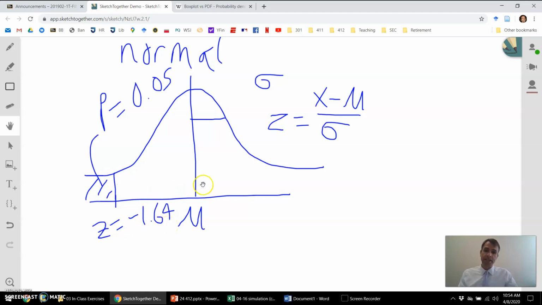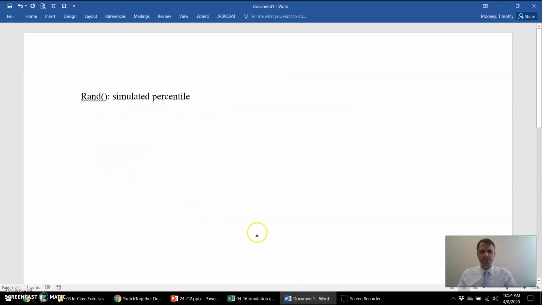In other words, 95% of the time, if I keep drawing random observations from a normally distributed variable, I'll get values that are greater than or equal to negative 1.64 standard deviations below the mean. Well, let's map that to a simulated percentile. So z equals negative 1.64 in a normal distribution corresponds to p equals 0.05.